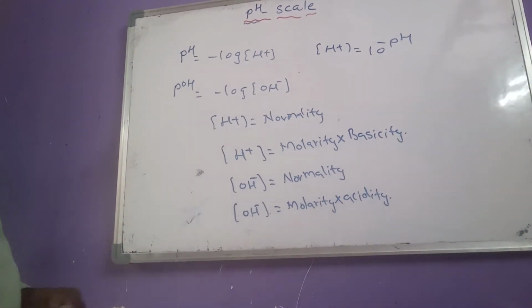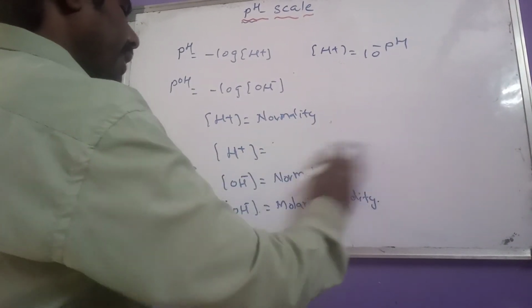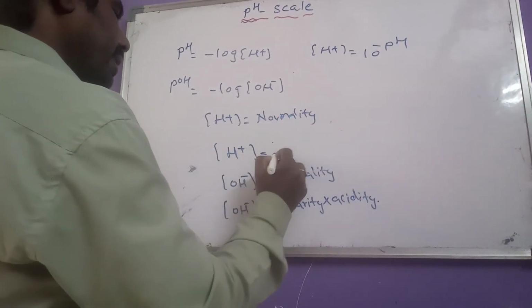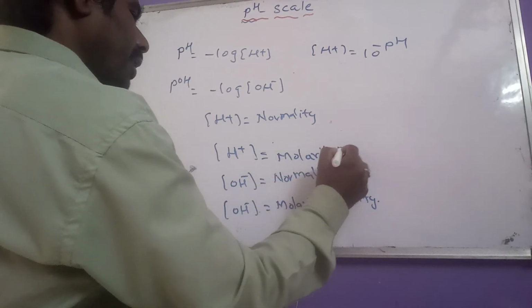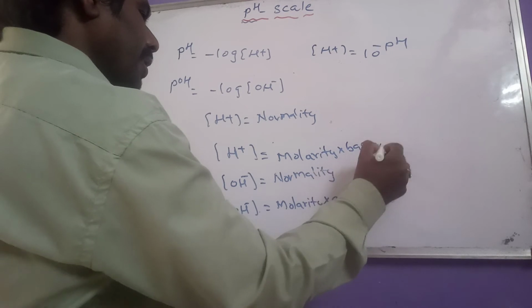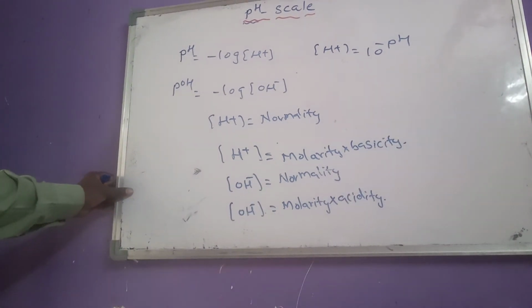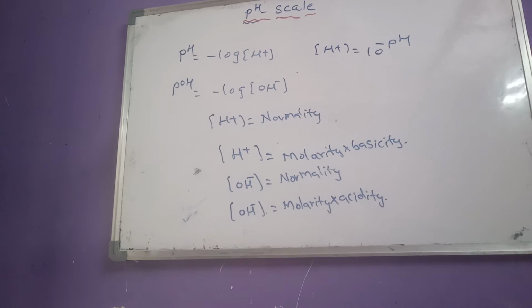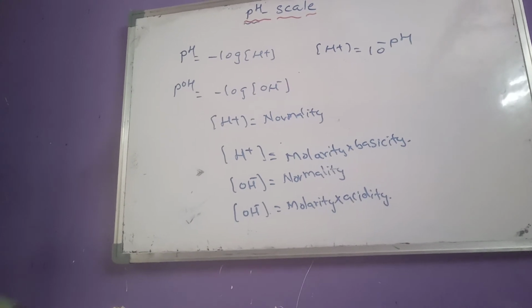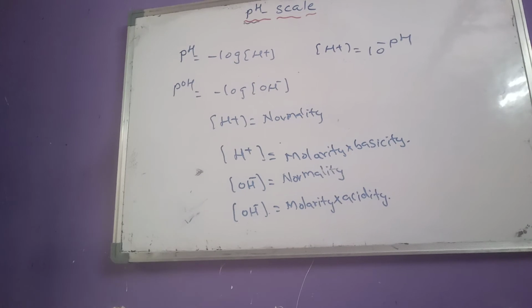We know what basicity and acidity are. What are acidity and basicity here? Basicity means the number of replaceable H plus ions present in one molecule of an acid. Similarly, acidity means the number of replaceable OH minus ions present in one molecule of a base.